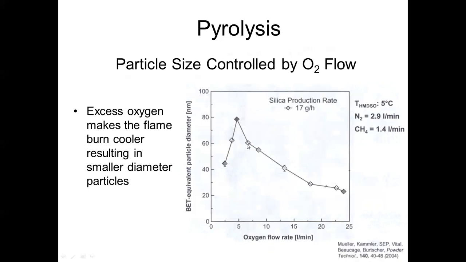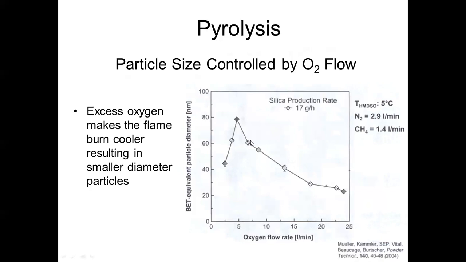Certainly, not knowing all the attributes of this process, if I wanted to have a 60 nanometer particle, I would lean toward exploring having it done at around 3 or 4 liters per minute, rather than 6 liters per minute, because this would probably cost 50% less in oxygen, since you have to buy oxygen as a raw material to get the same product.